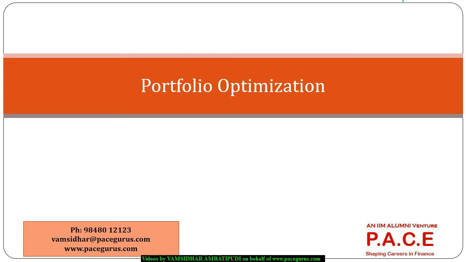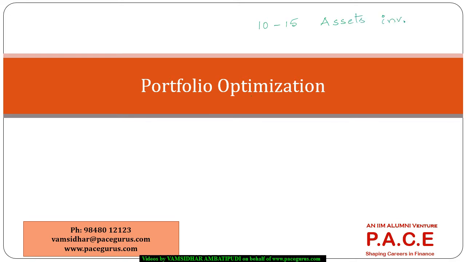Hello everyone. In this session, I'm going to talk about different ways in which we can perform a portfolio optimization. So let's say I have 10 to 15 different kinds of assets to invest.